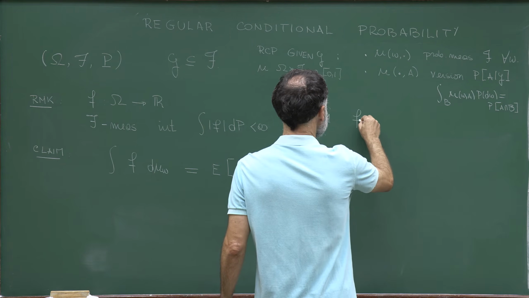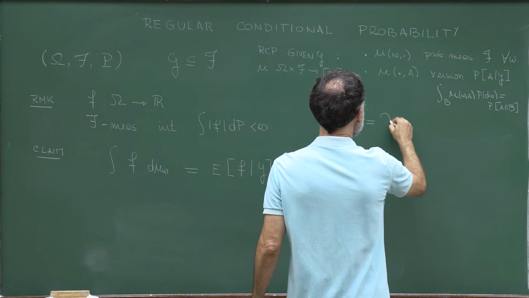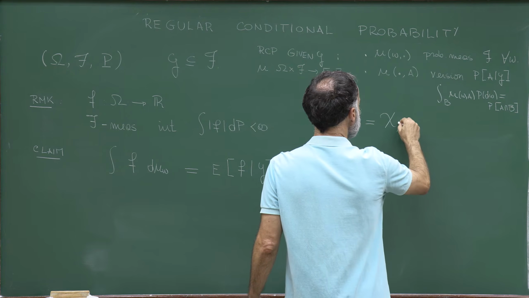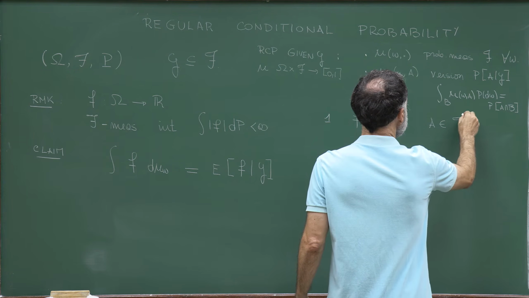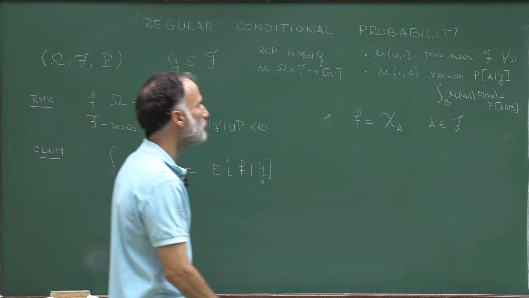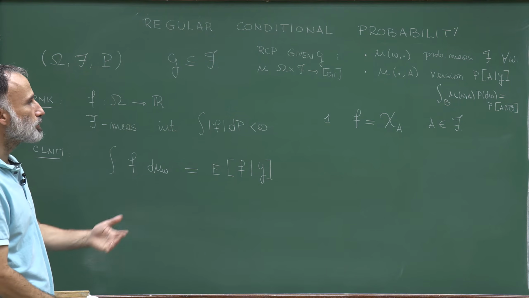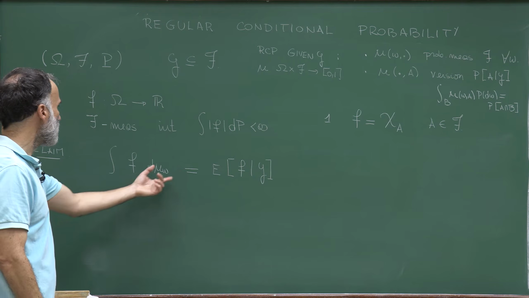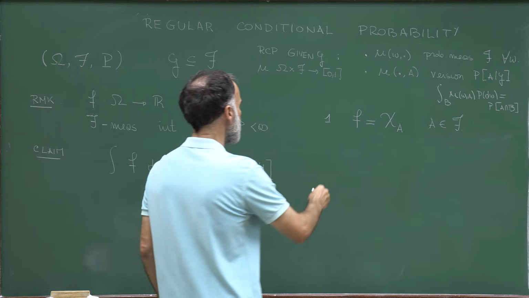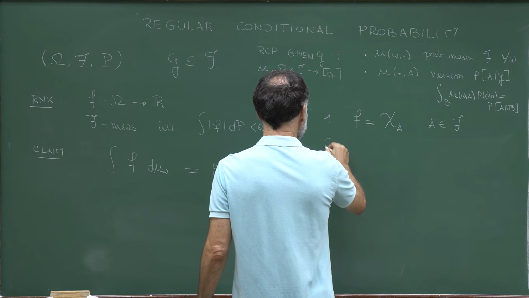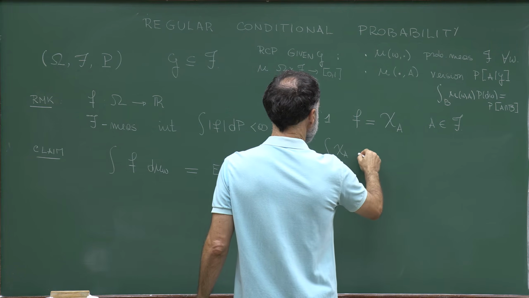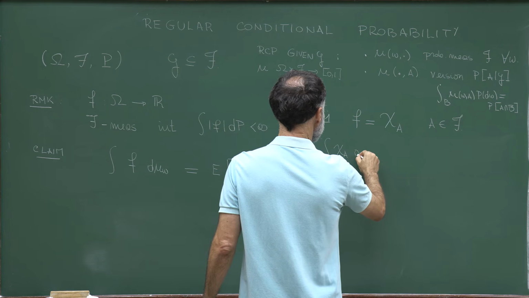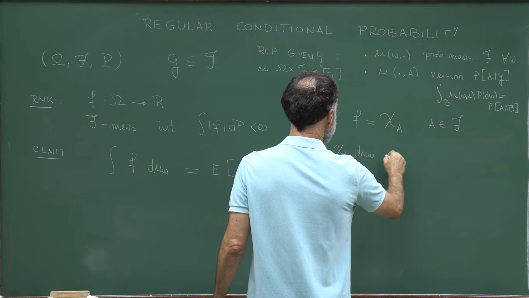So first, we will prove it if f is the indicator function of a set A in F. So let's assume that A belongs to F. Let's consider the indicator function of this set, and let's prove that this identity holds. So on the left-hand side, we have the integral of the indicator with respect to d mu omega.